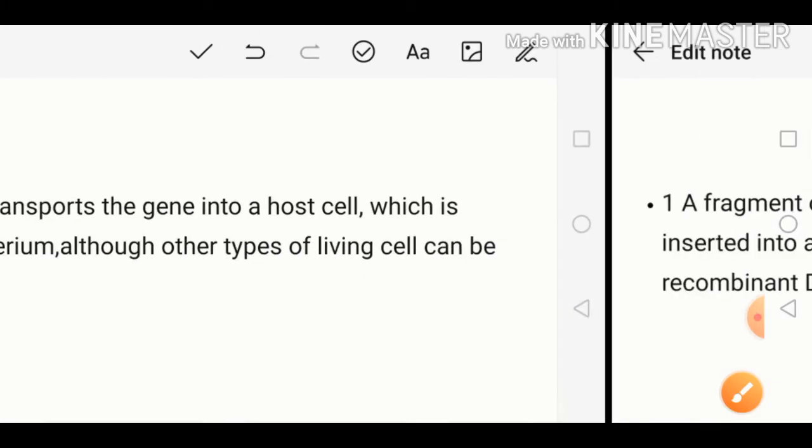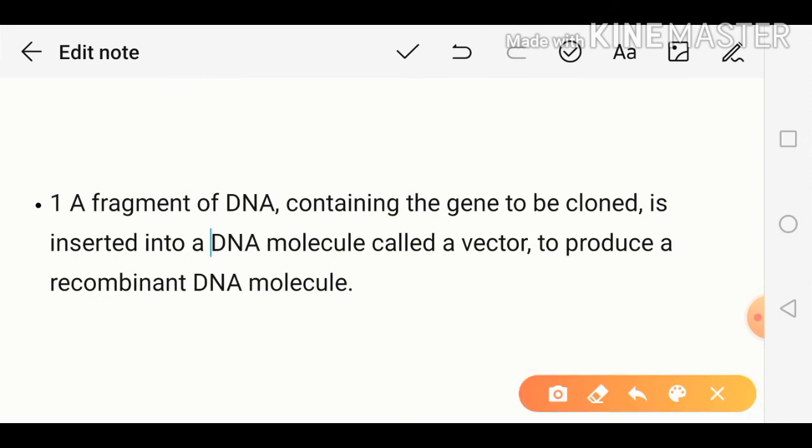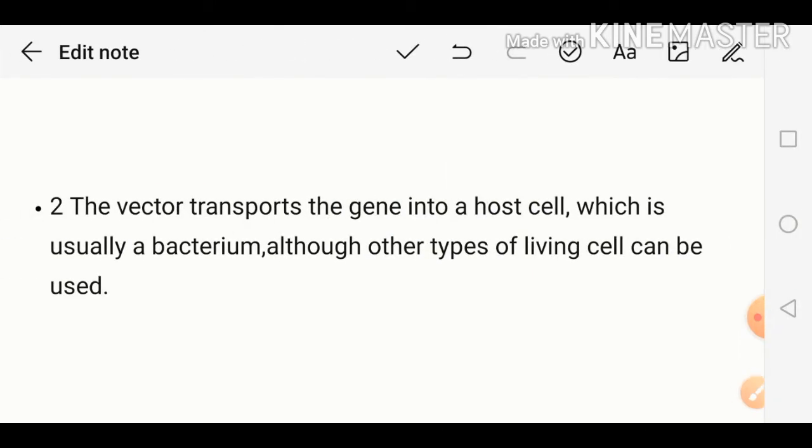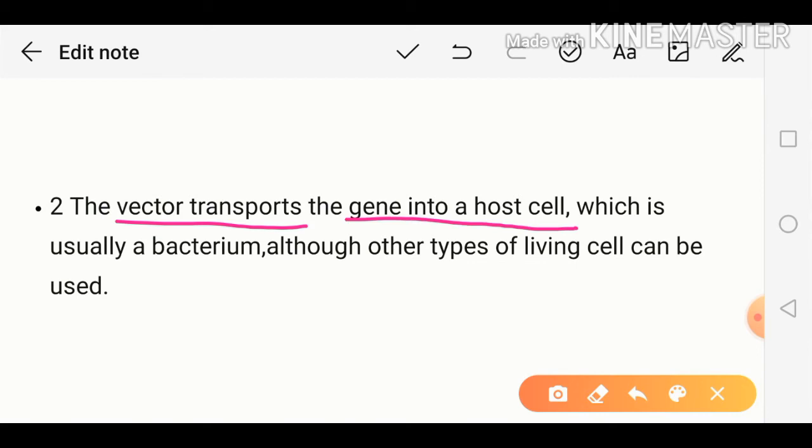So the first step is that the desired fragment is inserted into the vector. Second step, the vector transports the gene into the host cell, which is usually a bacterium. Host cell means those cells in which the cloned molecule or the desired DNA molecule is multiplied.